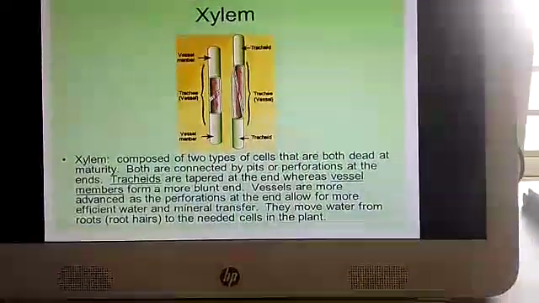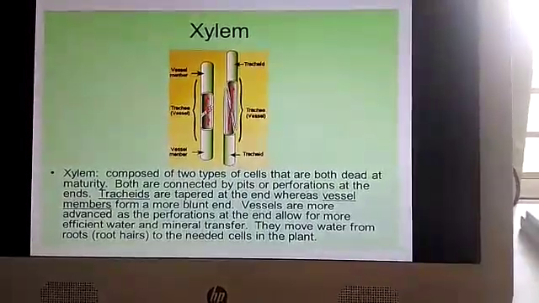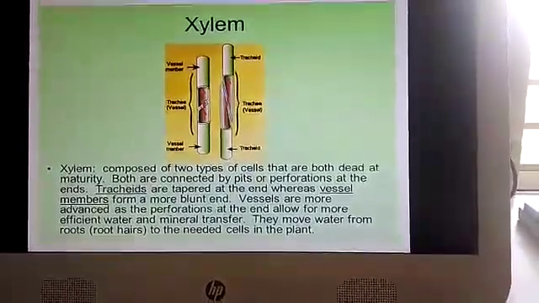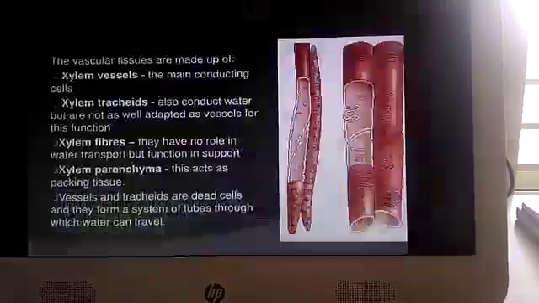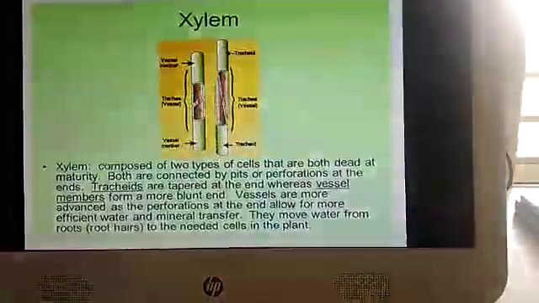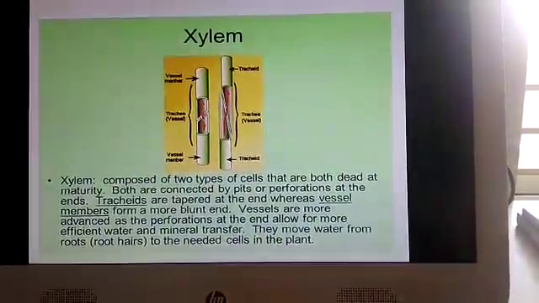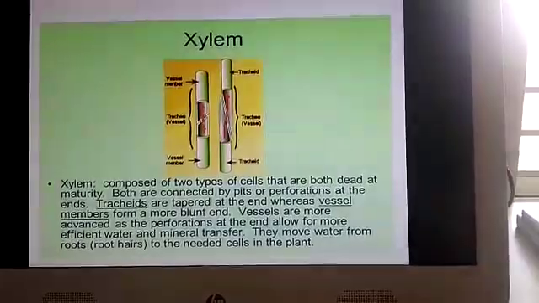See, the xylem is composed of two types of cells that are both dead at maturity. What are those dead cells? That is vessels and tracheids. Both are connected by pits or perforations at the ends.